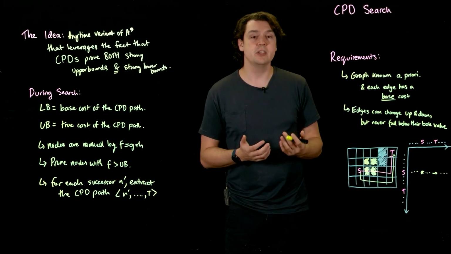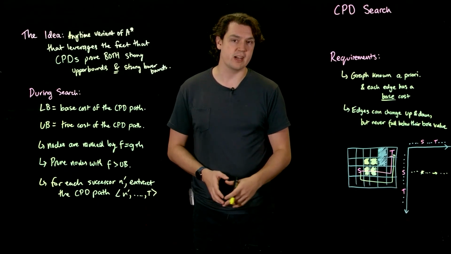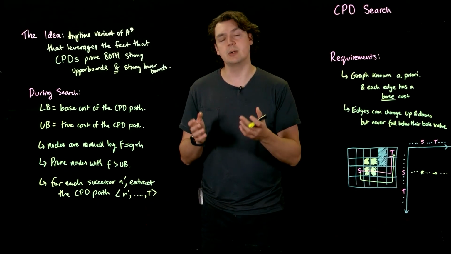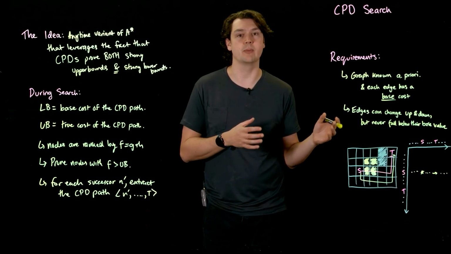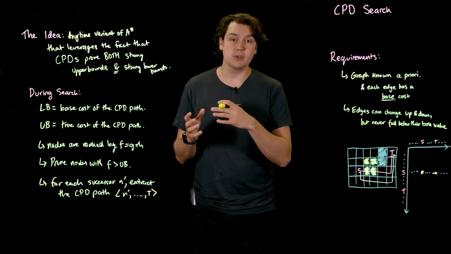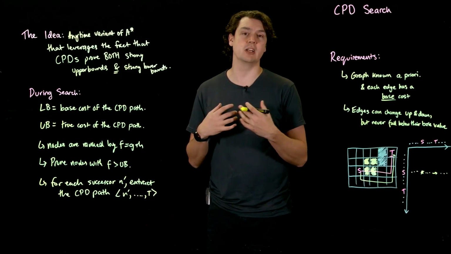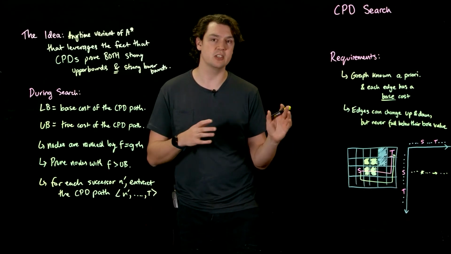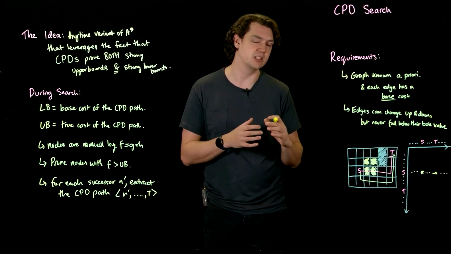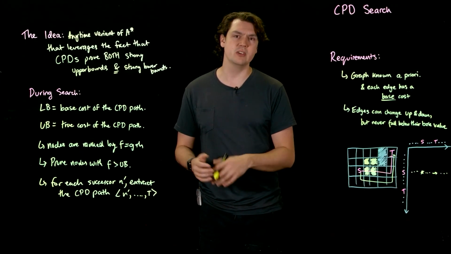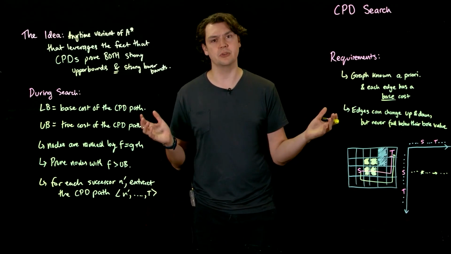So when we're extracting these paths from the CPD, we may as well cache some of the remaining paths. This is relevant for domains like grids, right? Certain other domains definitely won't have this strong overlap, but in grids, a lot of the end of the path will just look the same.